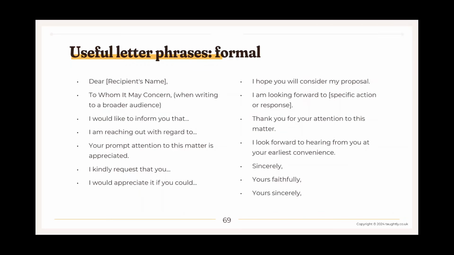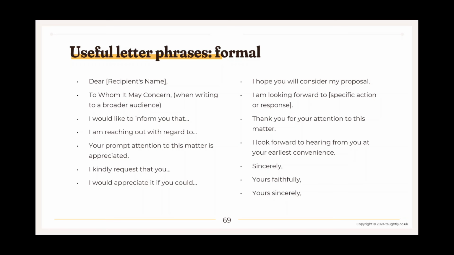Two sides here then, so I'm going to give you some useful letter phrases for formal letters, and then on the next slide will be for informal or semi-formal letters. So beginning then with phrases for formal letters. Dear recipient's name, I would go with their surname, like Dear Miss O'Rourke. To whom it may concern, and that's when you're writing to a broader audience, like a group of people, or when you don't know the audience's name.